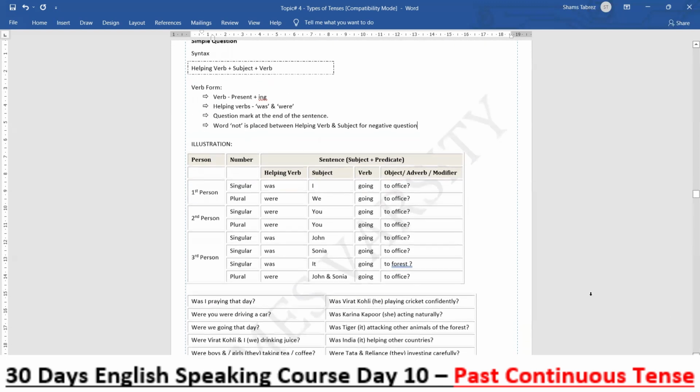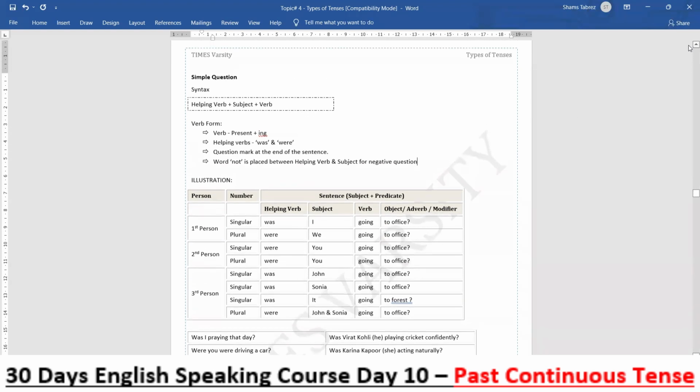So let's make the sentences. To make a simple question in past continuous, first we need to bring the helping verb. As we know, was or were are the helping verbs used here.